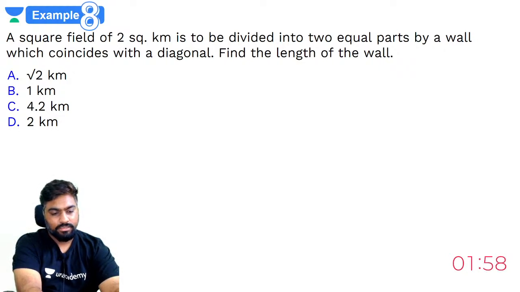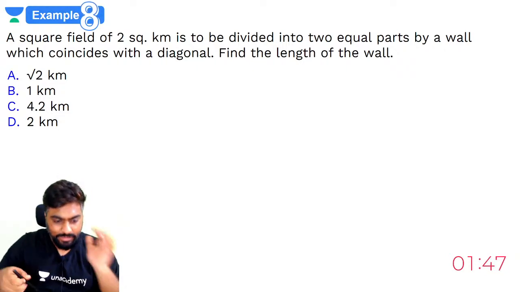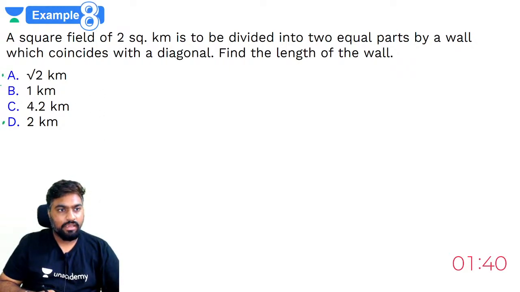Very simple question this one is. Nalin says D, Adarsh says A. We have D, we have A, okay.